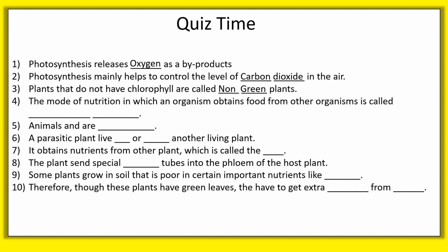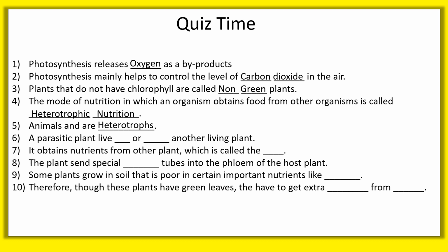The time is ended and the answer is heterotrophic nutrition. Fifth, animals and humans are dash. The answer is heterotrophs.